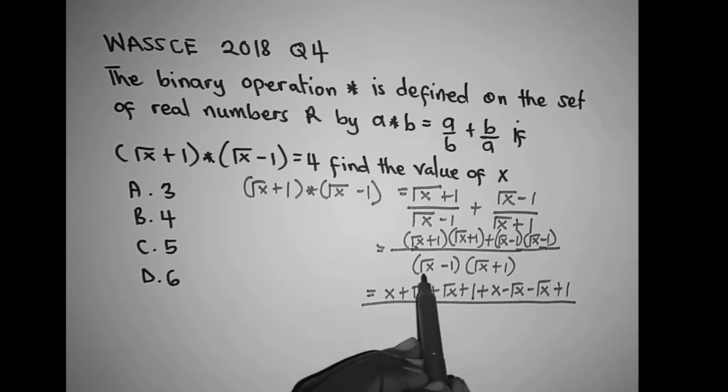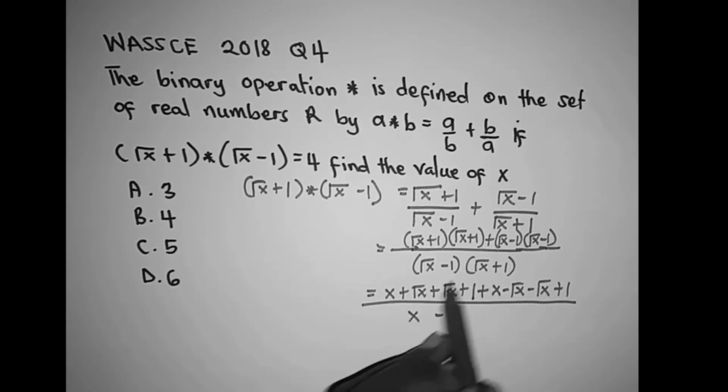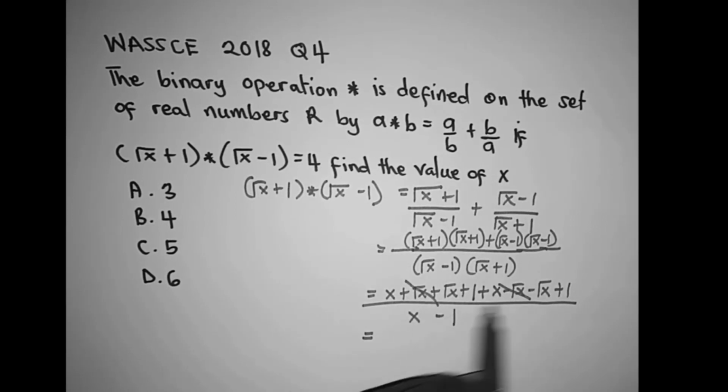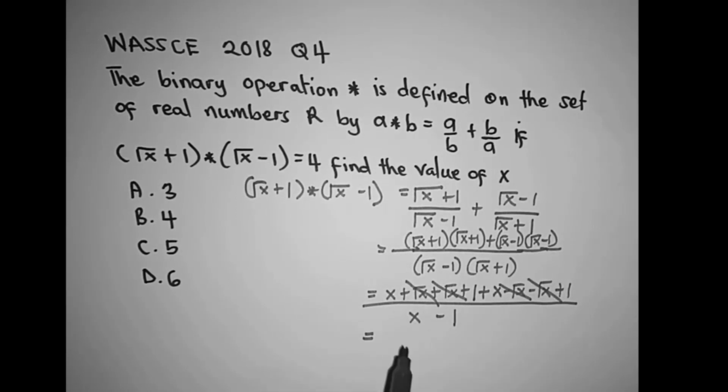Now it becomes root x times root x is x, minus 1 times 1 is 1, minus 1. So this becomes this, plus root x minus root x can go. And so we are left with 1 plus 1 plus x plus x.